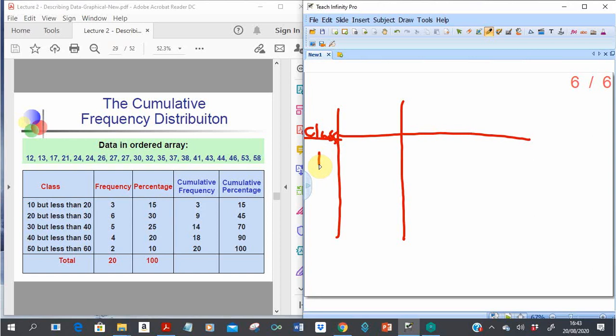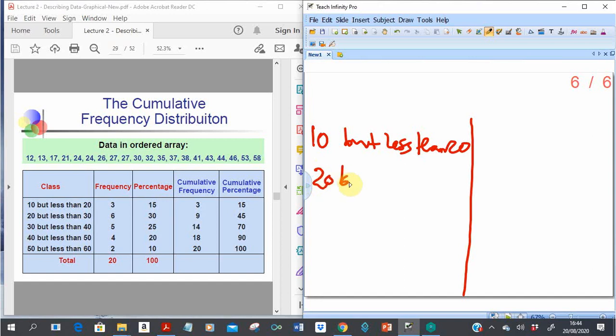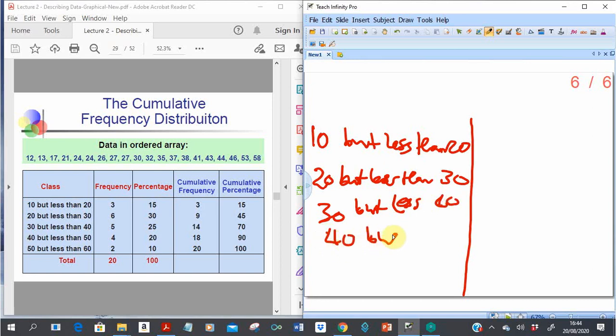Maybe some people will be confused, so let's do this. We have 10 but less than 20, then 20 but less than 30, 30 but less than 40, 40 but less than 50, and so on.